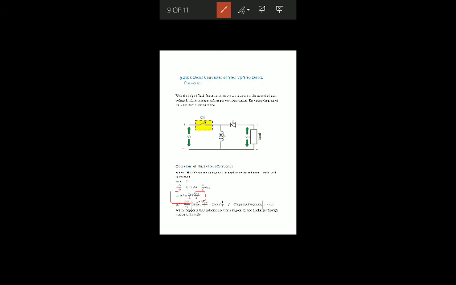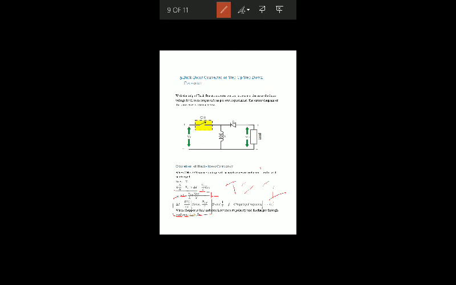Again, T can be represented by T equal to 1 by f, because time period is inversely proportional to frequency. So the final expression is delta I equal to d Vs upon f L.